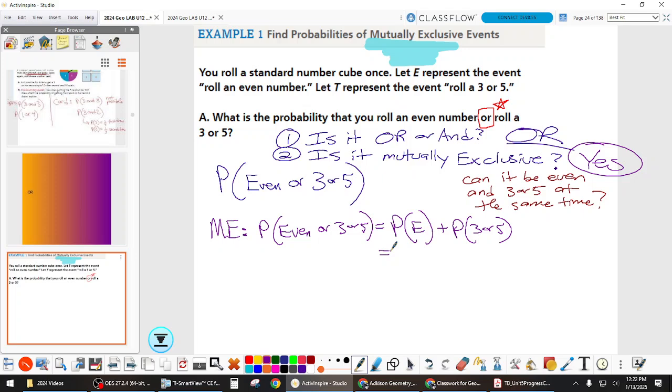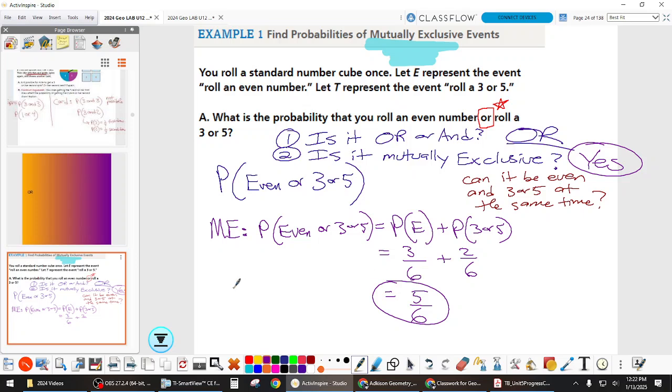What's the probability of being an even number on this die? 3 out of 6, good. What's the probability of 3 or 5? 2 out of 6. Okay, so what's our probability overall? Yeah, remember we just add fractions, we add numerators.